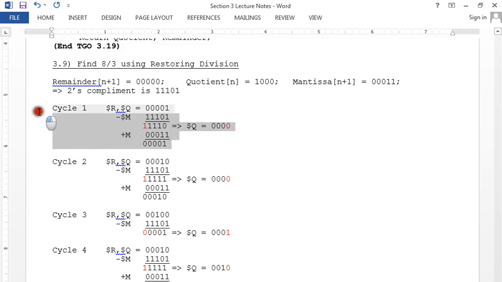Now, first cycle. Initially, here's how I got this number. So we had 0, 0, 0, 0, 0, and my quotient is equal to 1, 0, 0, 0, right? Like we have here. So we left shift this value, so this goes away, right?